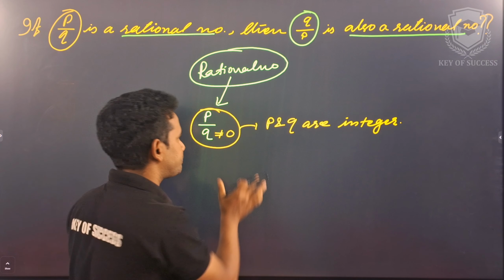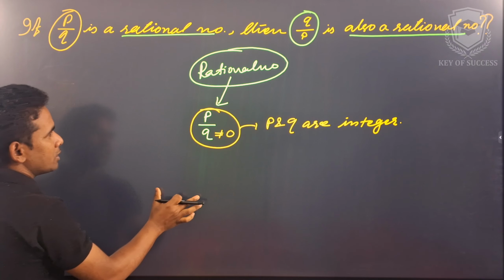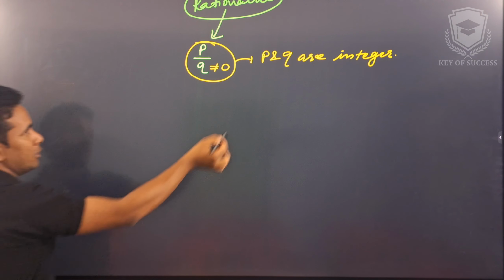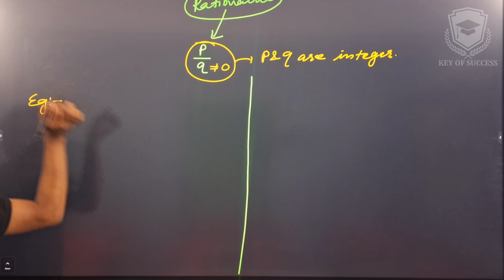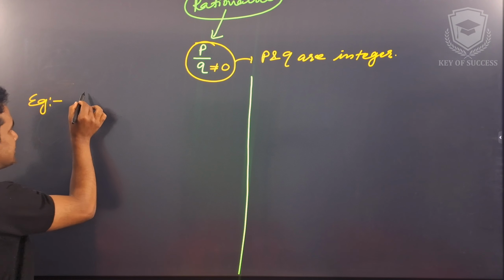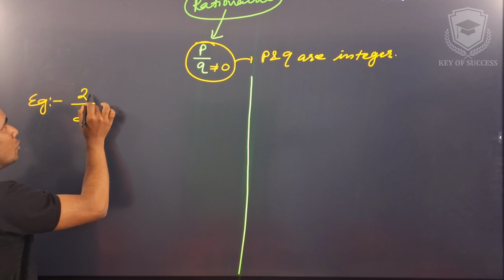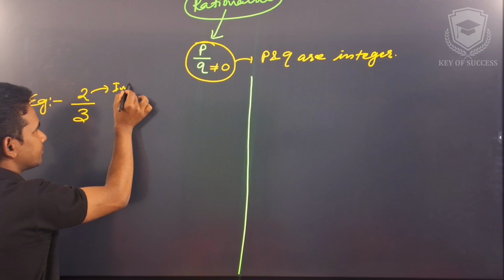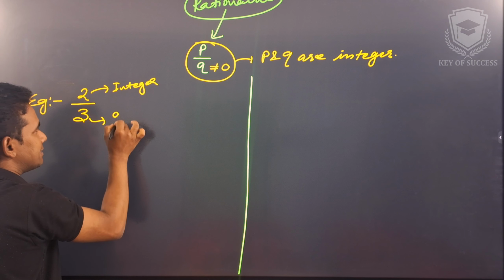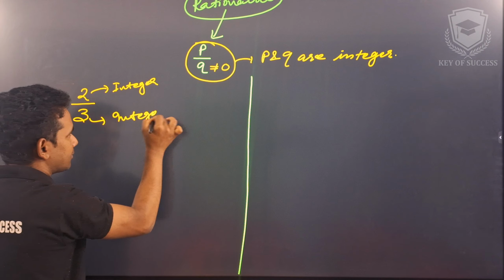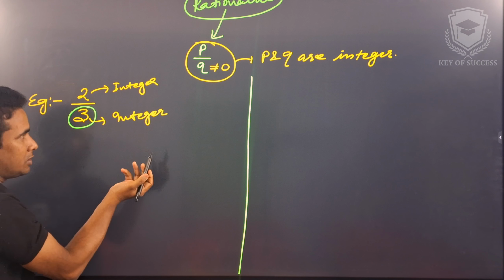Okay, so now to understand this one, we will take an example. I am taking a number that is 2 divided by 3, where 2 is an integer, 3 is also an integer. And here the denominator, you are seeing what? 3, which is not equal to 0.